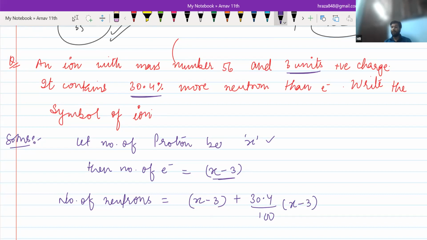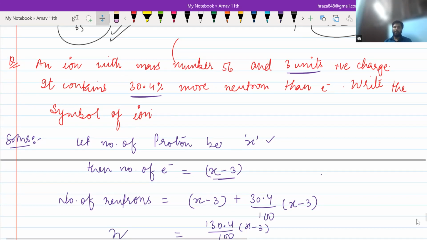You just need to solve this. Okay, when we solve it, you will get something like this: 130.4 upon 100 into x minus 3. Yes or no? It will be like this. Yes. This is the number of neutrons.